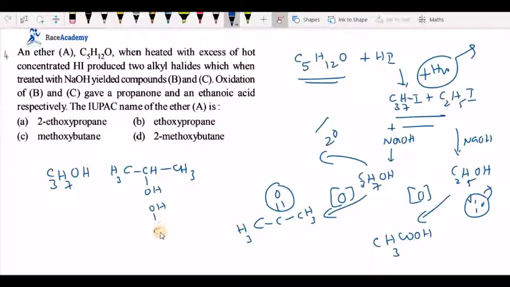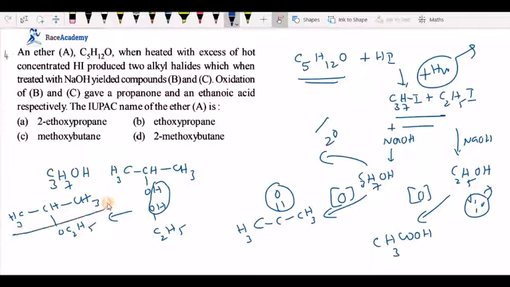This is C2H5. So if you attach these two, we will get CH3CH(CH3)OC2H5.